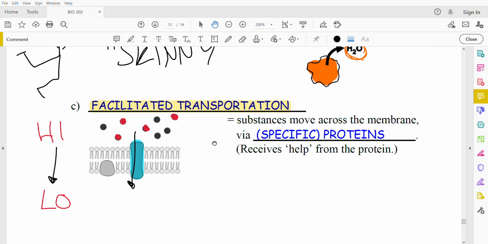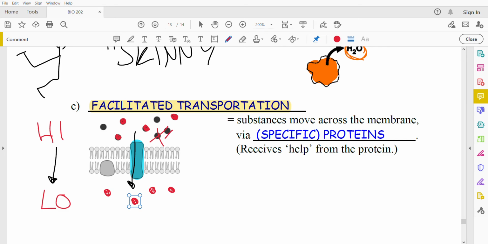The goal is to let these pass until the concentration is the same on both sides of the cell membrane. So they facilitate this passage. No extra energy is spent on it. They simply allow them to go across.